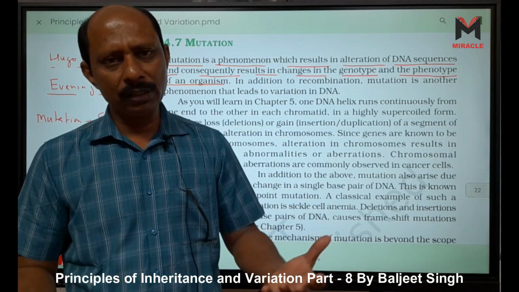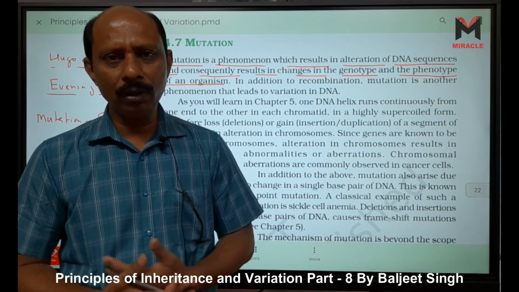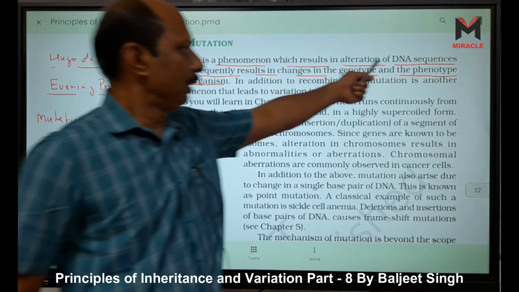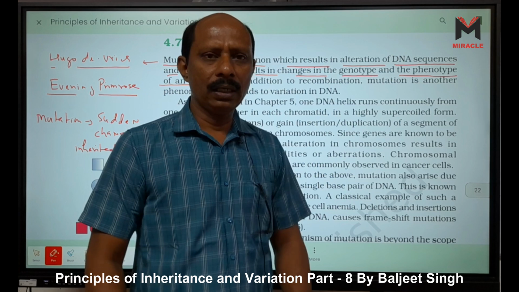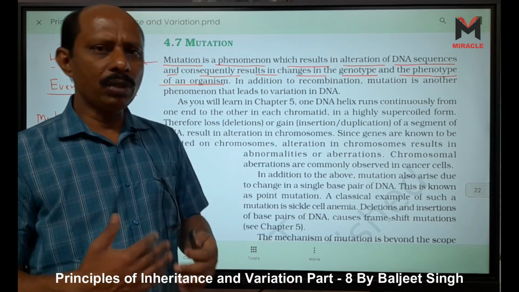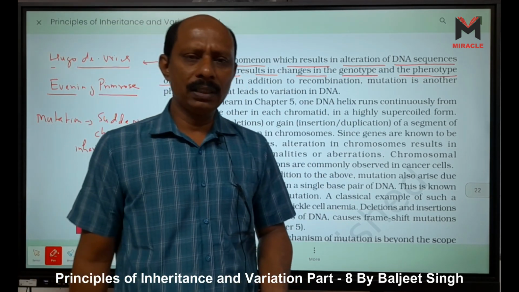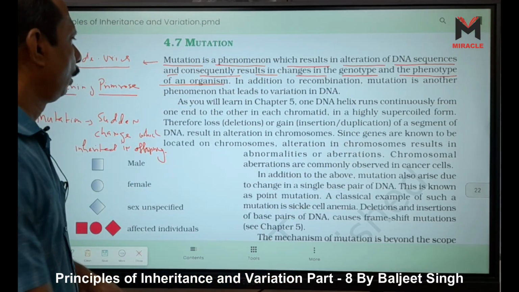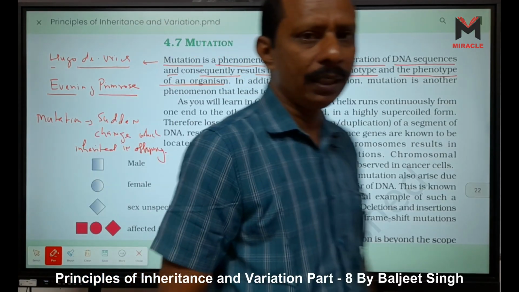Polypeptides form the proteins, which are the enzymes. Enzymes are responsible for phenotype expression. That's why if a DNA sequence is altered, the genotype is altered, and the expression, that is the phenotype, is also altered.